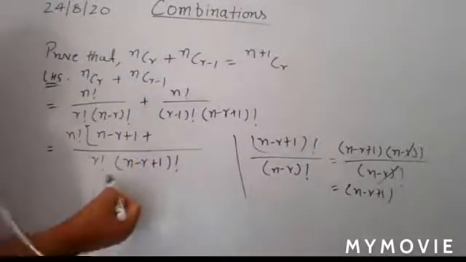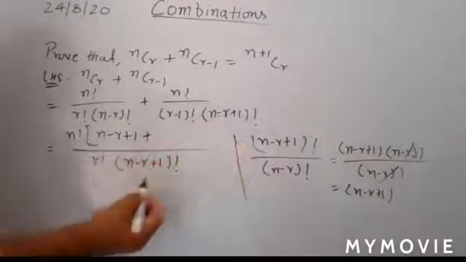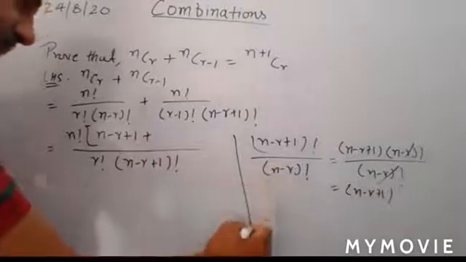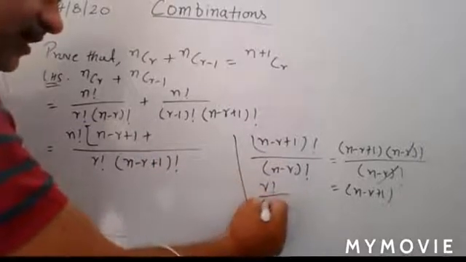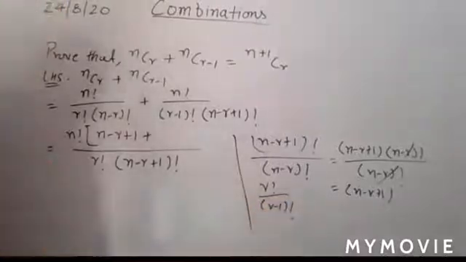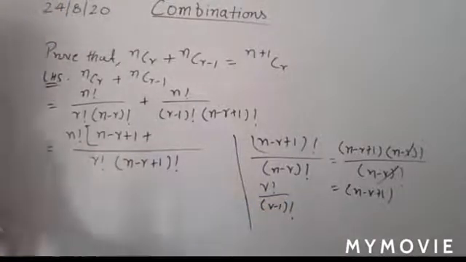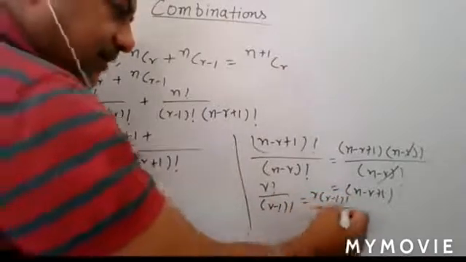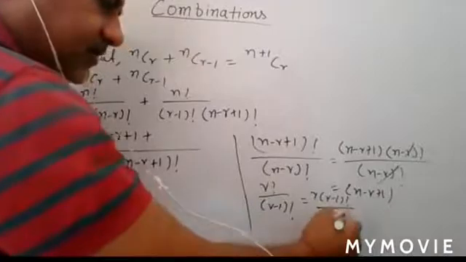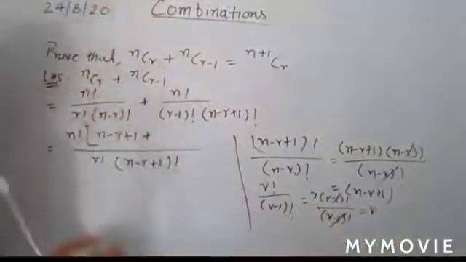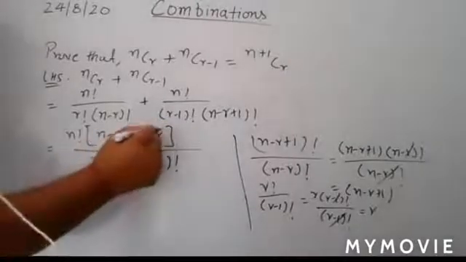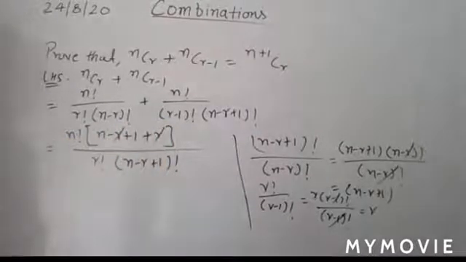Again you divide there, so (n minus r plus 1) factorial cancels, and on this side you have r factorial divided by (r minus 1) factorial, that is r into (r minus 1) factorial divided by (r minus 1) factorial. That cancels, and your result is r. So you write here r. So r and r cancel out.